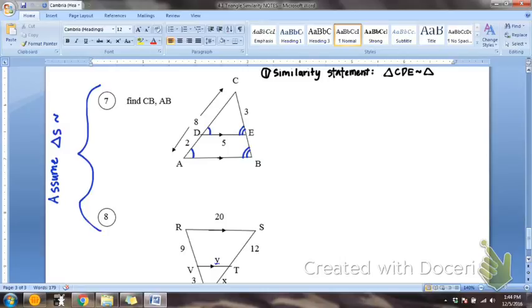DAB is not a triangle. Nope. CAB. Look. CDE is this triangle here. It's going to match up with CAB, right? The small one and the big one. So it matches up with CAB.